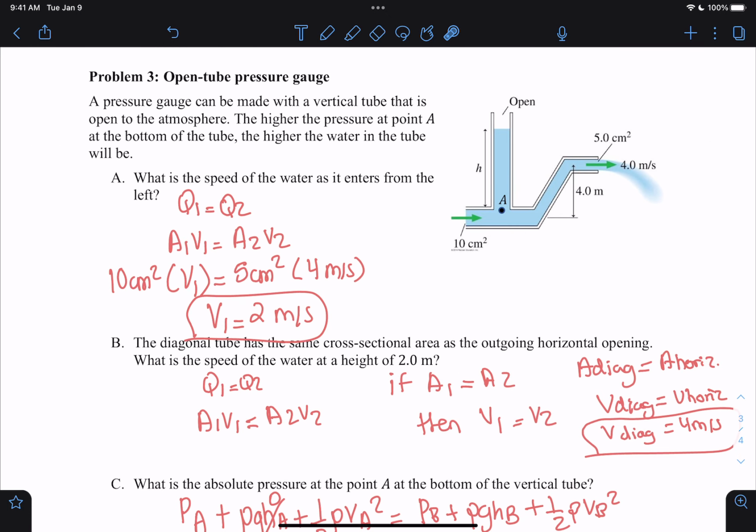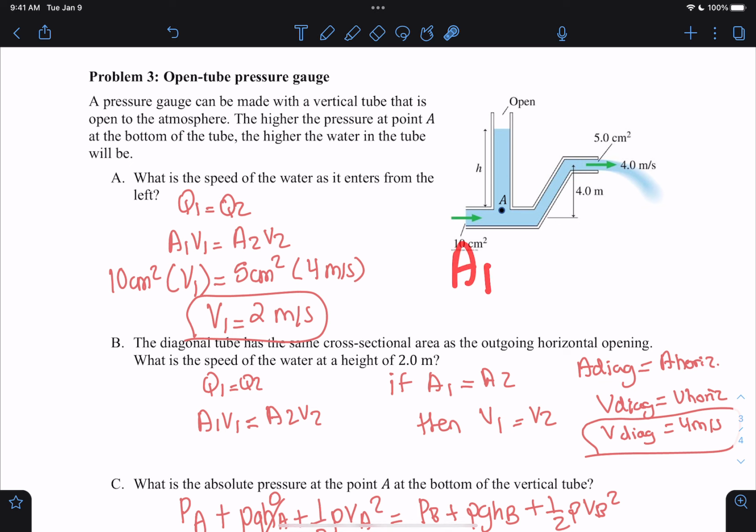Or at least, let's look at it like this: if V2 was 4 meters per second, and then I doubled it from 4 to 8, what should happen to my V1?